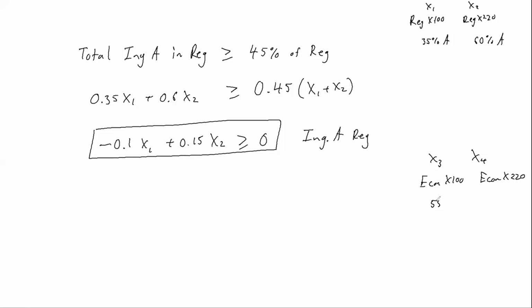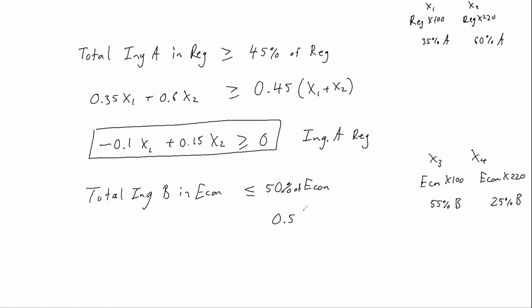And this one is 55% ingredient B, and then the more expensive one is 25% ingredient B. And we had this maximum. We said that the total amount of ingredient B in economy gasoline can be no more than 50% of the total economy gasoline. So this is going to be very similar to what we had up here.